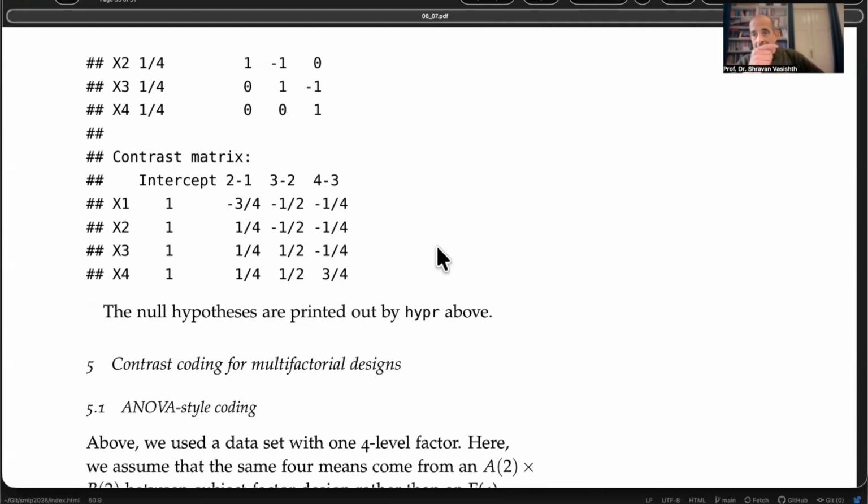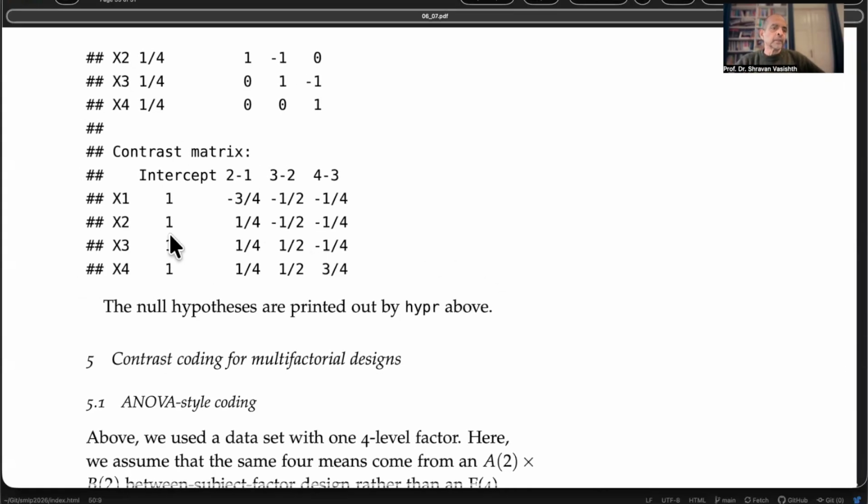I don't plug in the contr.treatment or contr.helmert or whatever into the factor level coding inside the data frame. And so there it's important to see what the contrast coding is going to look like for the four conditions, right? And there will always be this first column containing ones, right? And this is of course what the design matrix will look like too, in the model matrix. That will be the form of this model matrix.